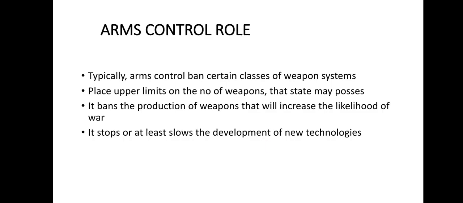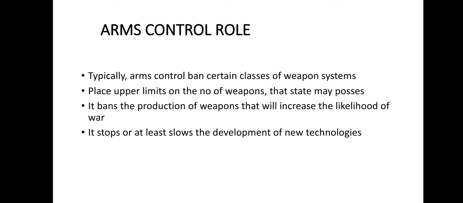So, what's the role of arms control? What does arms control do? Typically, arms control bans certain classes of weapon systems so that those kinds of weapon systems can't cause destruction for the masses.